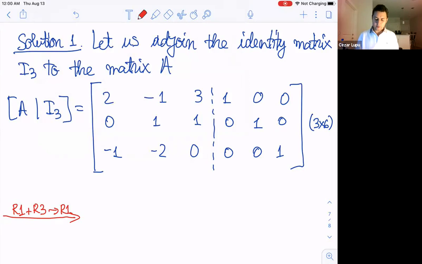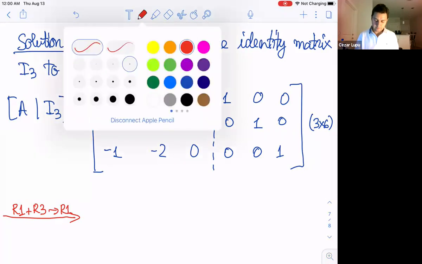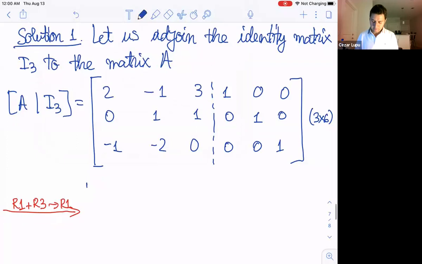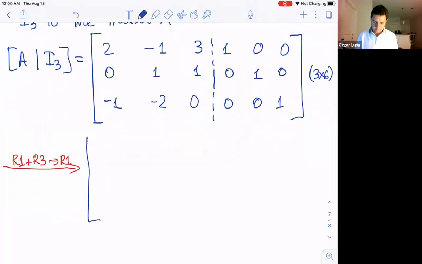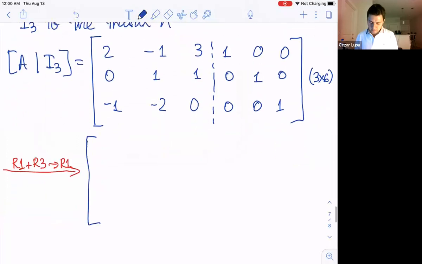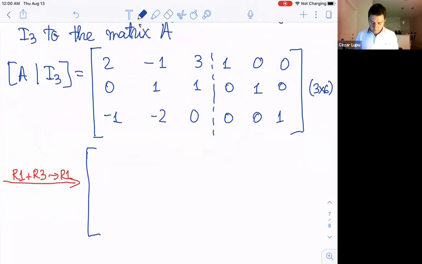Okay. Once we do this, we have the following matrix. In fact, let me write it here.